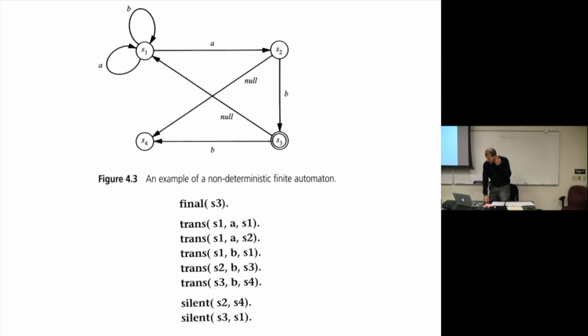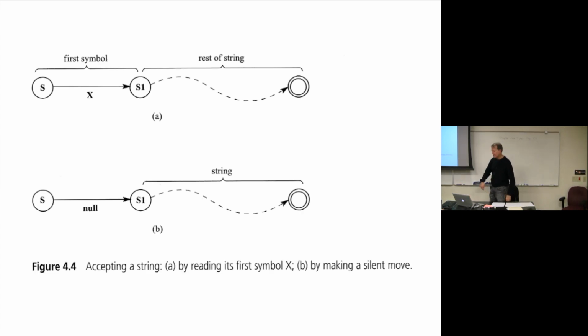So let's take a look at the code. Well, actually, before we look at the code, let's take a look at what it means to make a transition. This is so slick. Look.